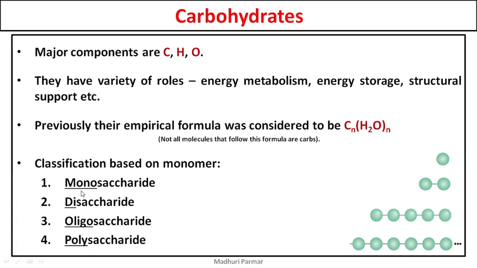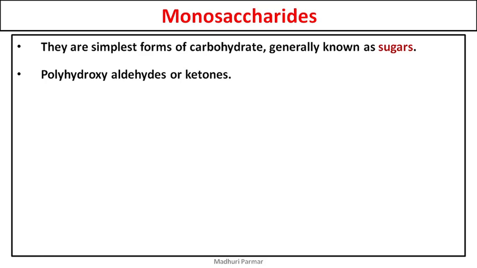It is the smallest molecule possible which can be called a carbohydrate. It is the smallest molecule you can call a carbohydrate. The simplest form of carbohydrate, generally known as sugars. When you talk about sugar, you are mostly talking about monosaccharides, and we shall see later, or of disaccharides. They are polyhydroxyaldehydes or ketones.